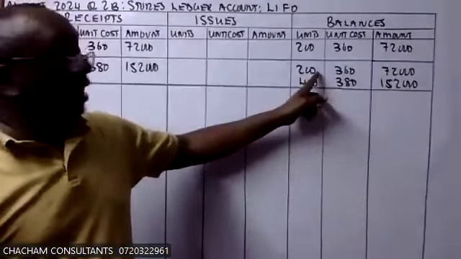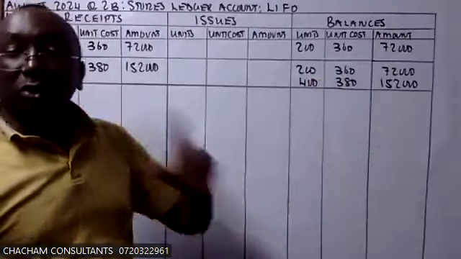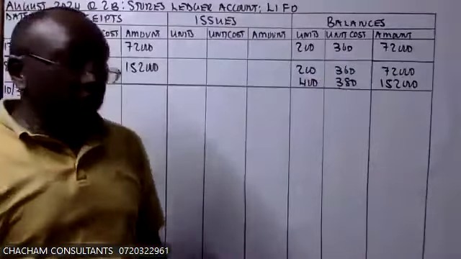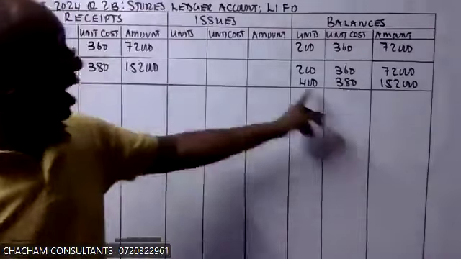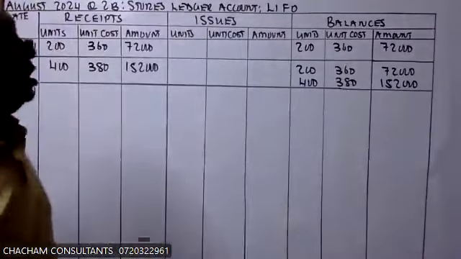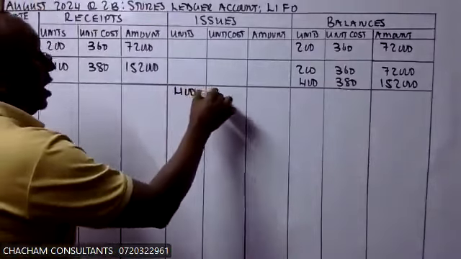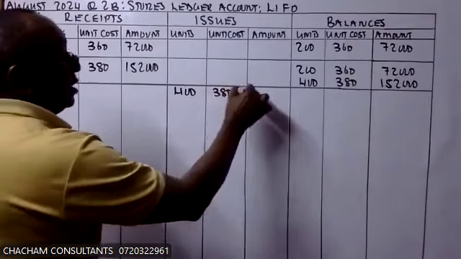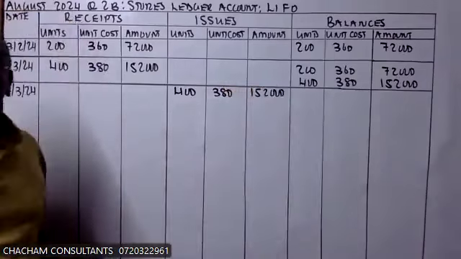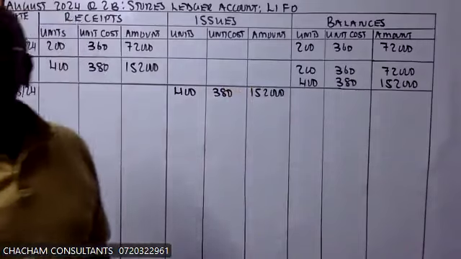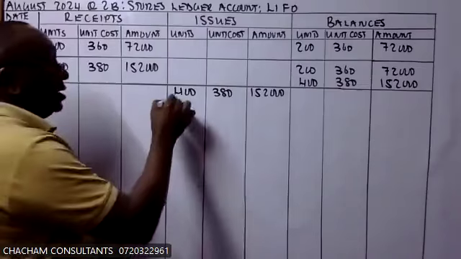So this is what came first, followed by this. So your 500 that you want to issue, we will first of all give out these 400. So we give the 400 at 380. That gives us 152,000 that way. Then we need to give one more 100.